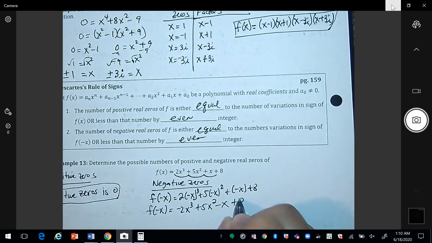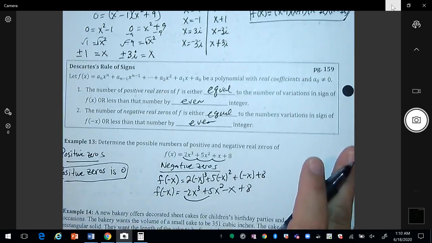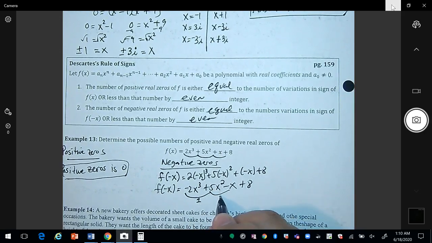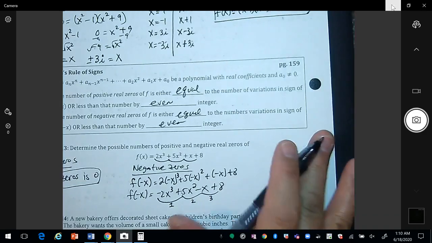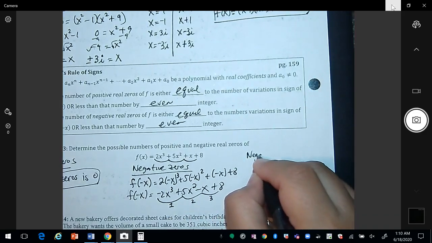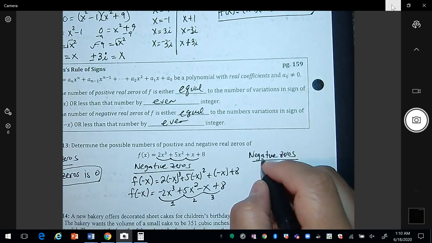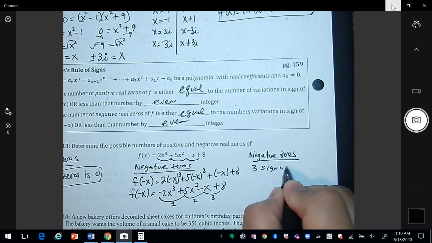Minus x plus 8. And then we count the variations. So negative to positive, that's one change. Positive to negative, that's a second change. Negative to positive, that's a third change. So for my negative zeros, we have 3 sign variations.